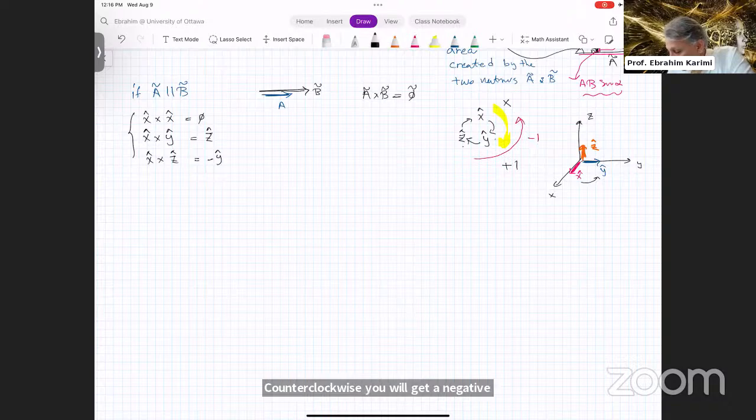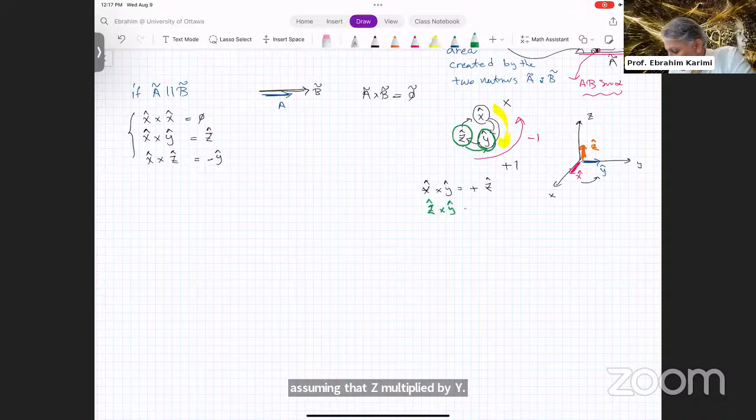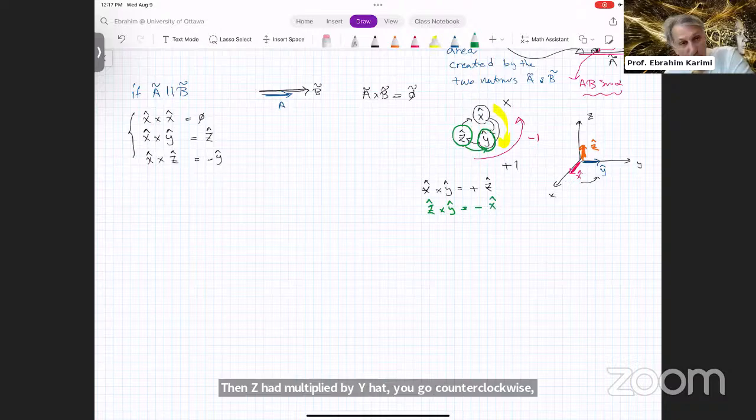So for example, the product of X by Y, you go clockwise, then you will go with a positive sign. X multiplied by Y will be positive sign of Z. And assuming now a different one, Z hat multiplied by Y hat, you go counterclockwise, it will be negative sign, and the result will be X hat. Okay, so these are the relationships.